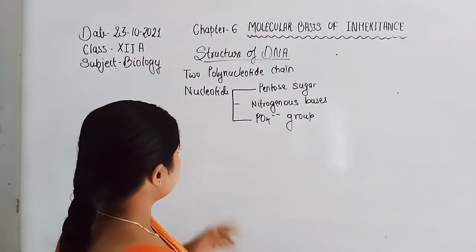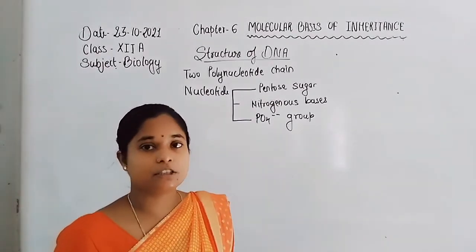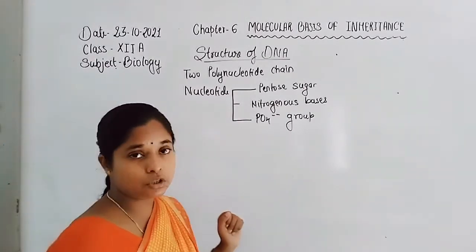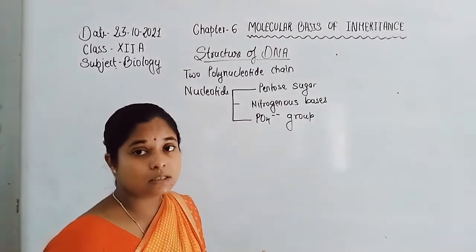Both the strands exist antiparallel in direction, where each nucleotide is formed by pentose sugar, nitrogenous bases and phosphate group.